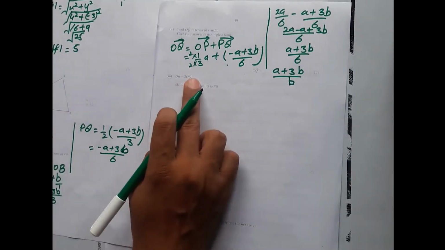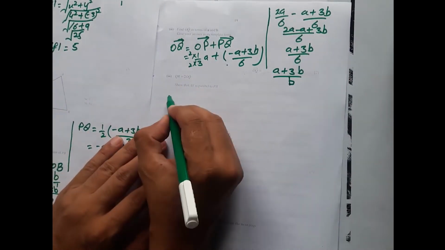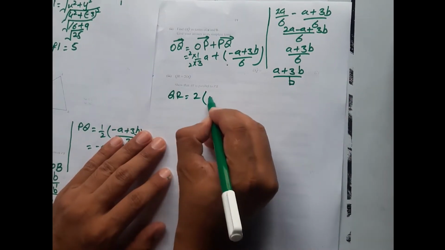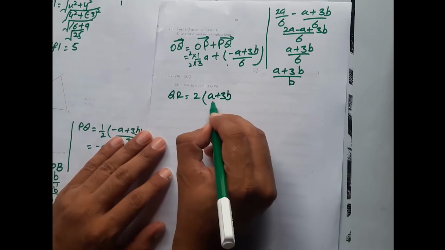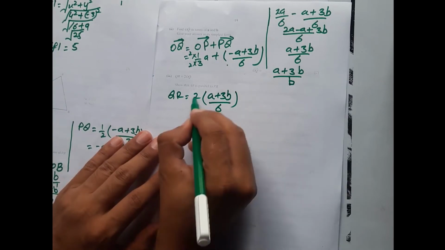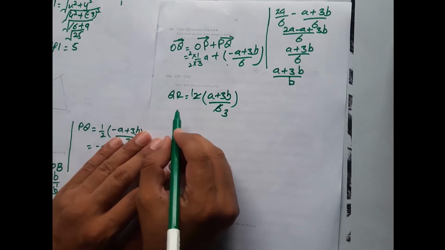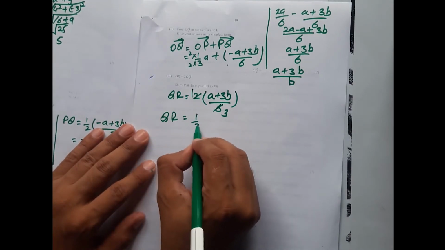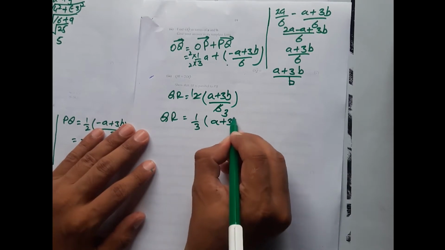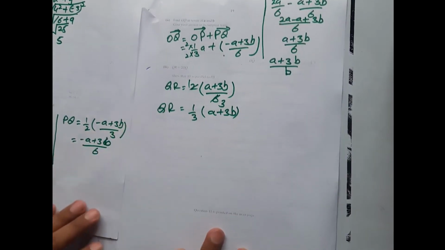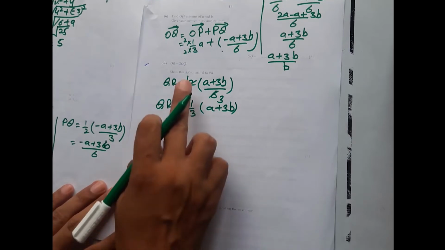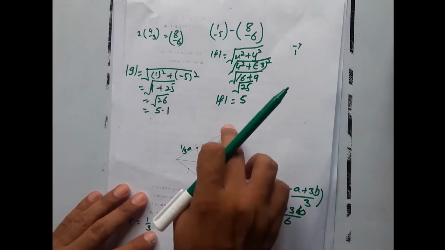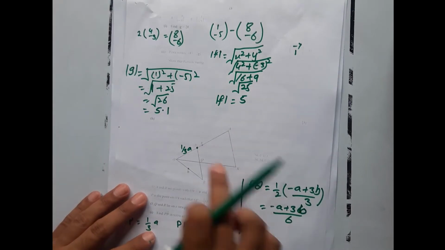QR is equal to 2 times OQ, which is a plus 3b over 6. This will be simplified by 3. So QR is equal to 1 over 3 times a plus 3b. Okay, now we have to show that AR is parallel to PB. First we will find AR and we have PB already.